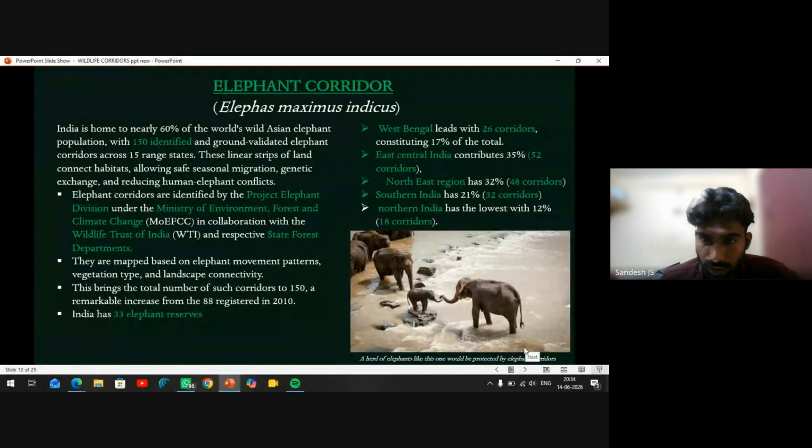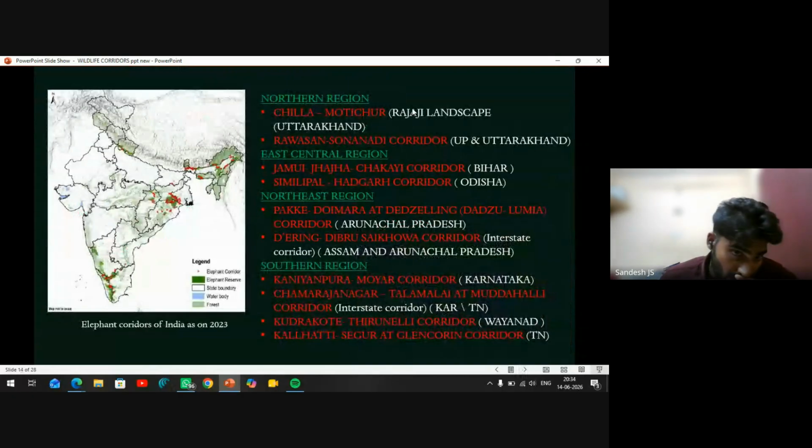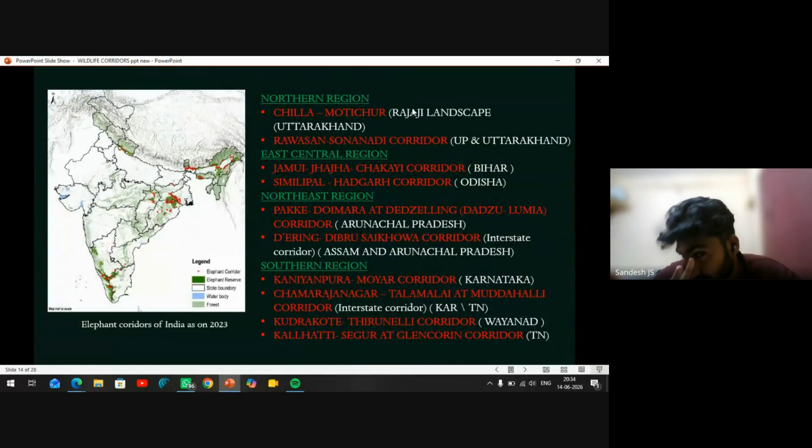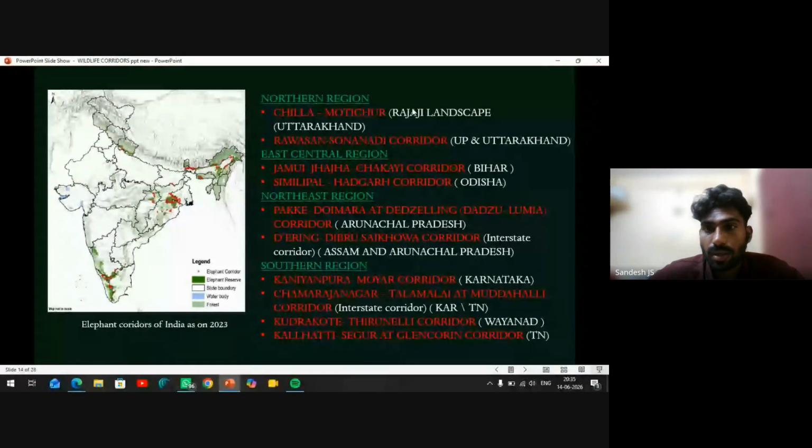You can see the herd of elephants crossing the corridor. These are region-wise examples of corridors in our country; I have taken only a few important ones. From the northern region, we have Chilla Motichur in the Rajaji landscape, Uttarakhand, which is a riparian corridor, and the Ravasan Sonanadi corridor in Uttar Pradesh and Uttarakhand.